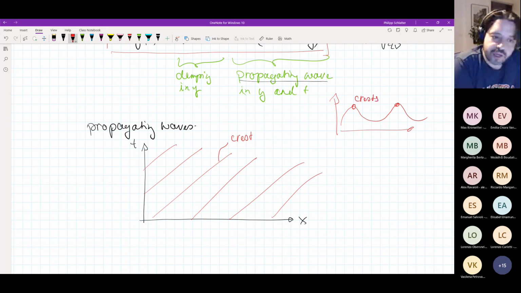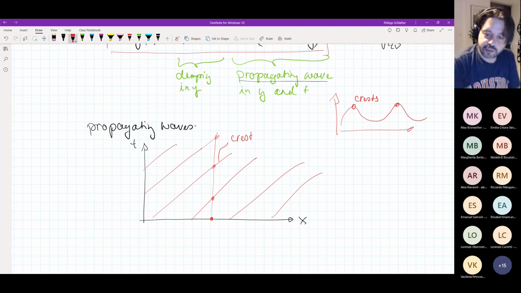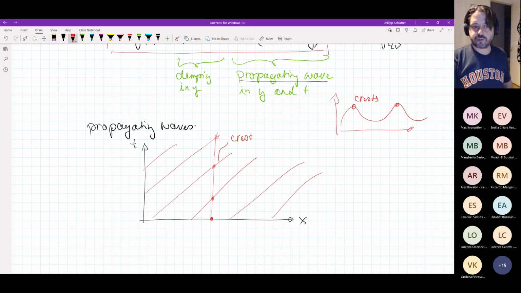So that means now what I mean with propagating: if I'm standing at a fixed location, and I just wait and go forward in time, then I would see a first wave passing, then a second wave passing, then at some point a third wave passing. So that's what I mean with a propagating wave. It moves through the domain, and if I'm standing still, it is one wave coming by, the next wave coming by, and so on.